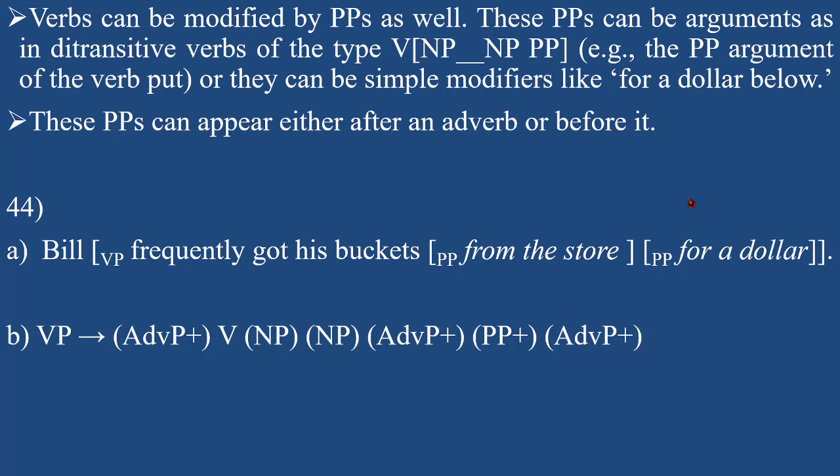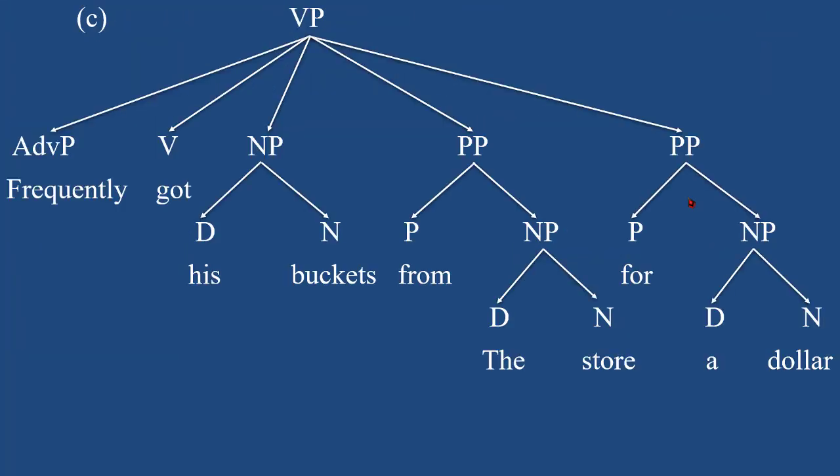The VP consists of a number of adverb phrases, a verb, which is obligatory, an NP and an NP, which are optional, a number of adverb phrases, a number of prepositional phrases, as you can see from the star, for a dollar, both are PPs, and a number of adverb phrases.